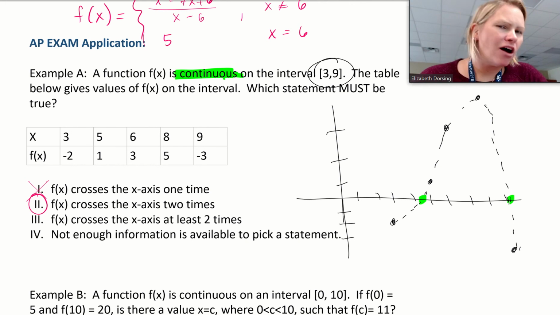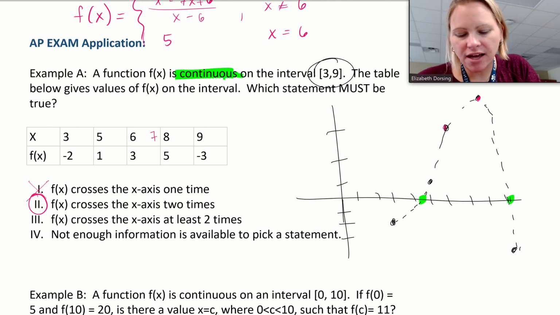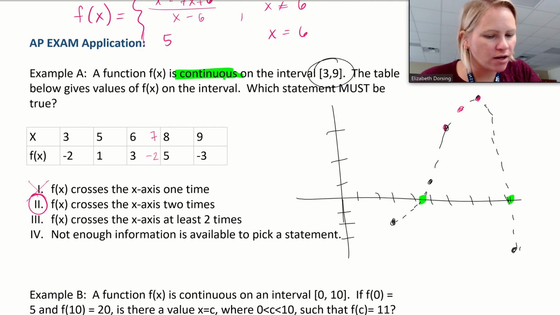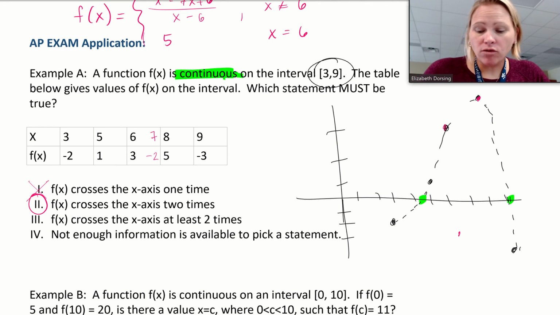So how do I know for sure that between, for example, x is 6 and x is 8, I'm to be certain that my y values stay up here? How do I know that there's not like some value of 7 where it drops way down to -2 and then comes back up, you know? How do I know that that's not the case? And the answer is, I don't.